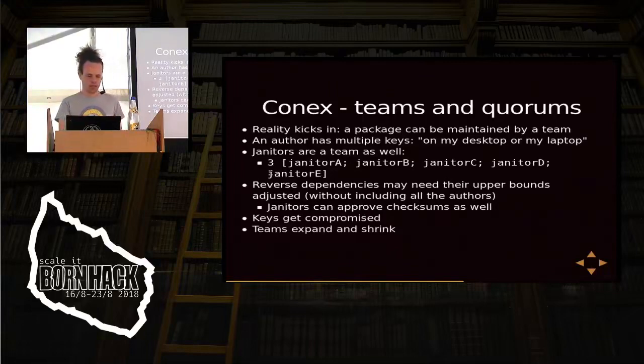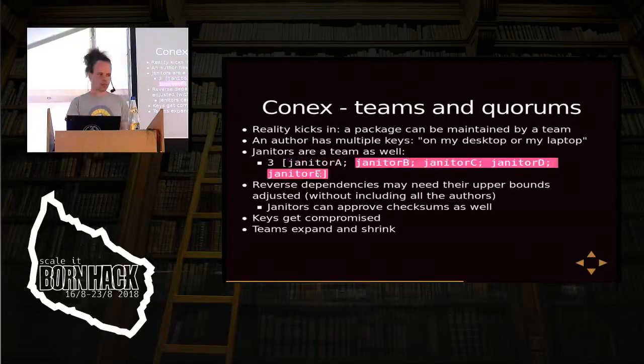If janitor A, for example, loses their key, then 3 out of the other 4 janitors can still say, that's fine, janitor A is no longer part of our group, or they can add janitor A with a new key. So they can roll that over, and they can expand and shrink their own team.